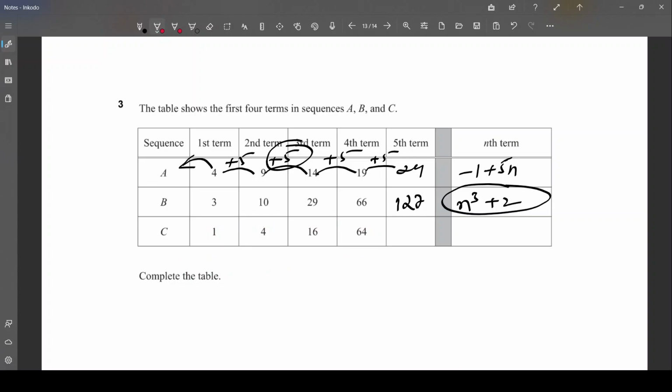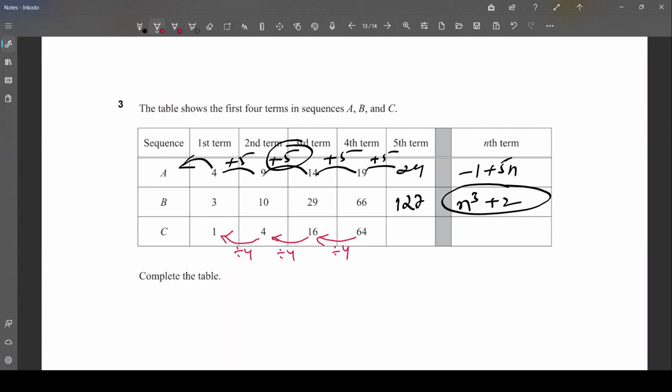So let's find out the ratio also. It looks like division by 4. Yeah, 4 divided by 1 is 4, 16 divided by 4 is 4, 64 divided by 16 is 4. So it is divided by 4, or we can say multiply by 4. Yes, all is correct.